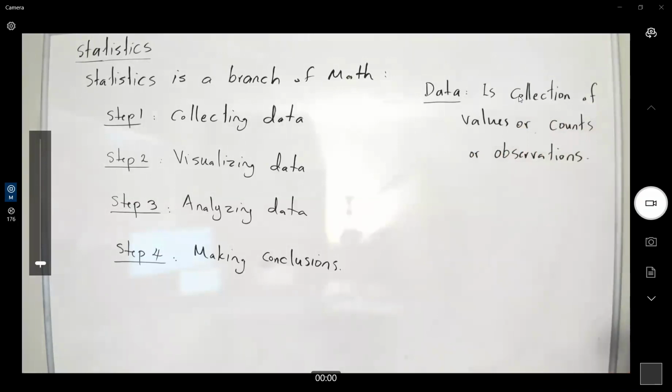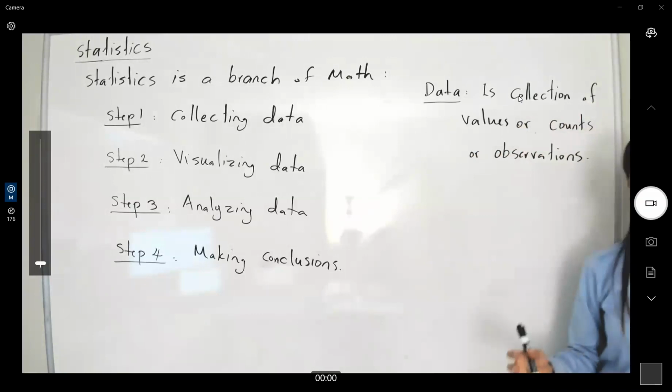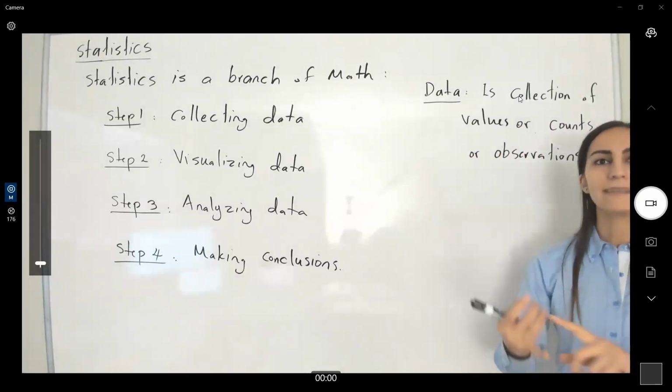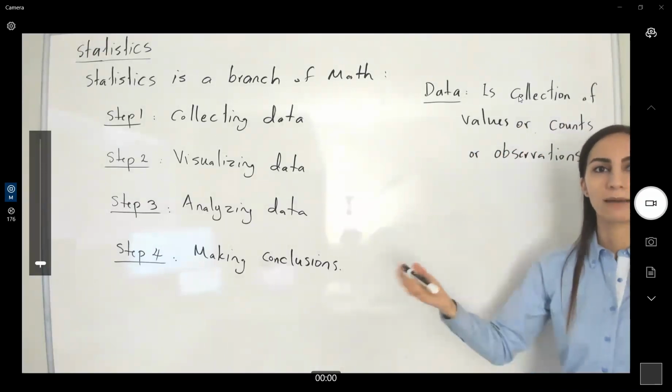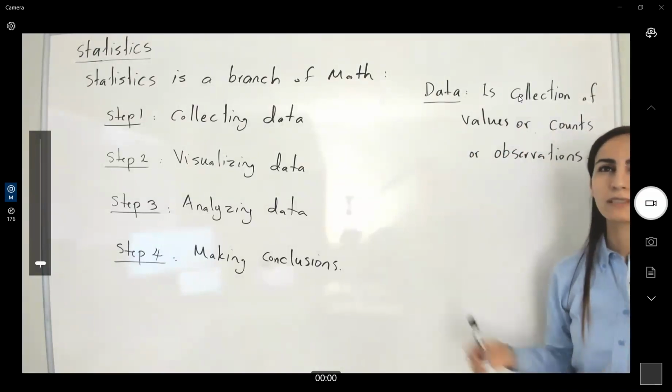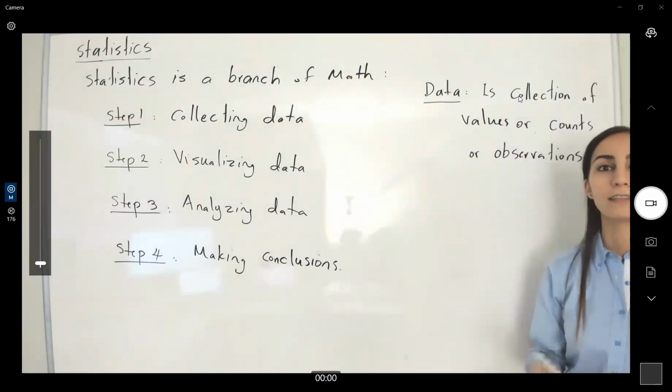Okay. I expect you to ask this question now. Sometimes you have some collections that are easy to count. For example, students sitting in this class. We have 46 students sitting in this class.